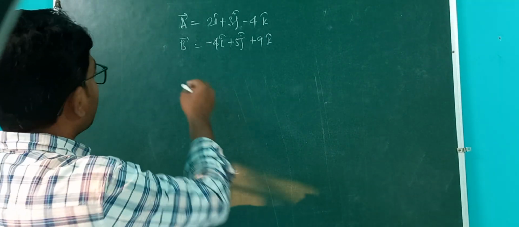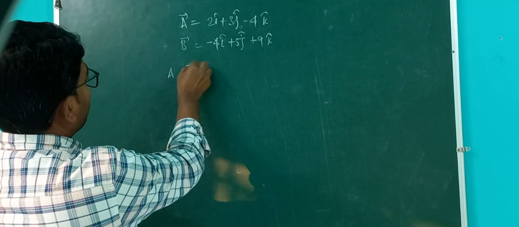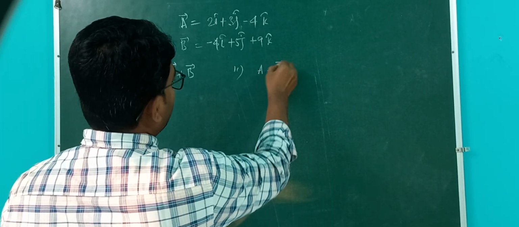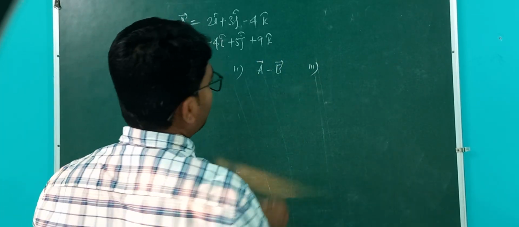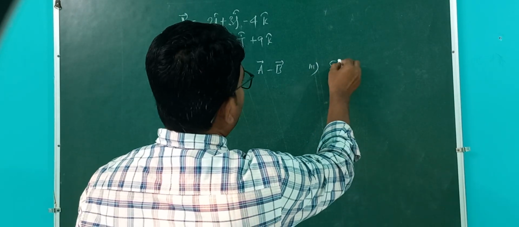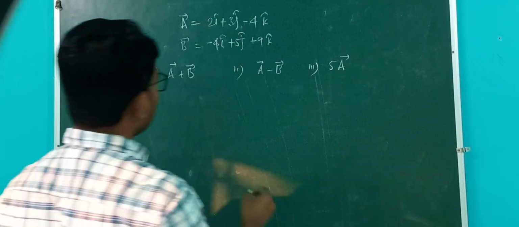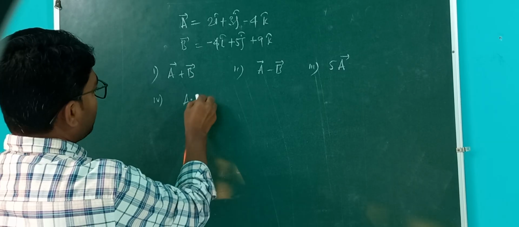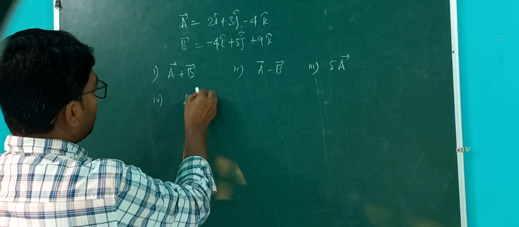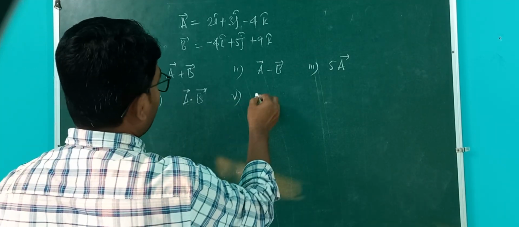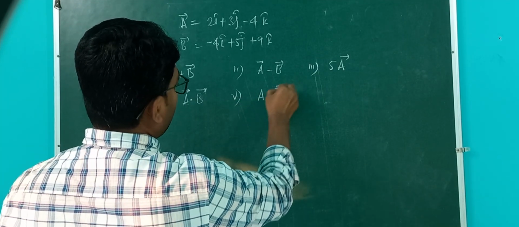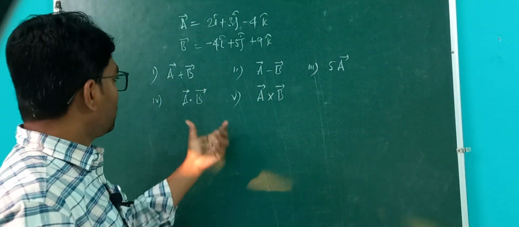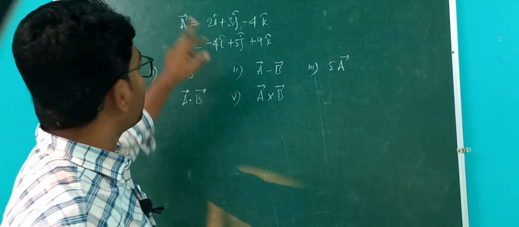Then we will calculate: first, what is A plus B; second, what is A minus B; third, what is 5A; fourth, what is A dot B; and fifth, what is A cross B. These are all the problems generally calculated in the position vectors chapter.